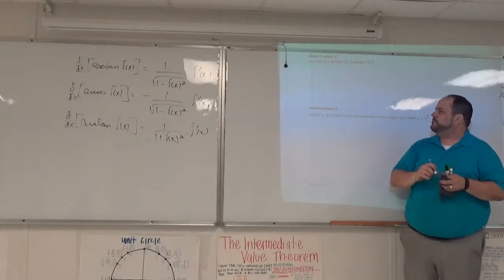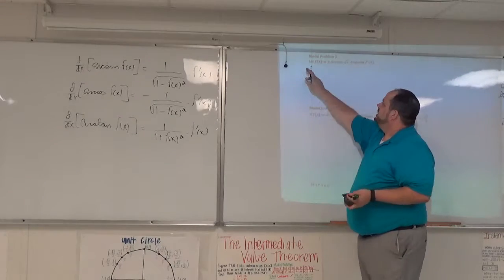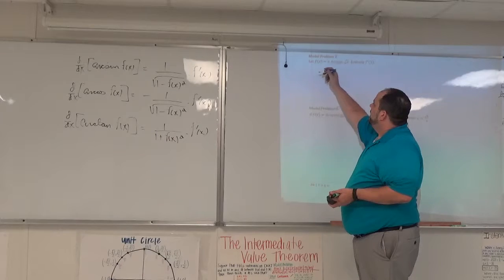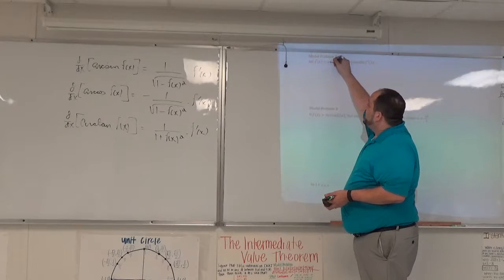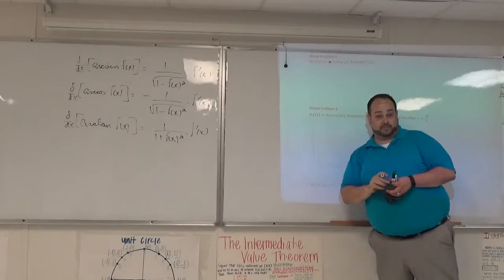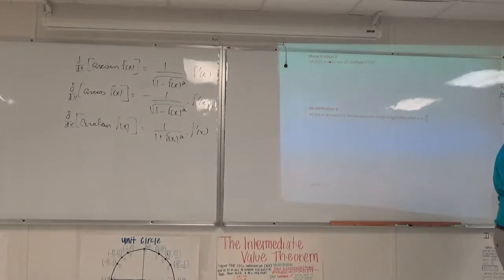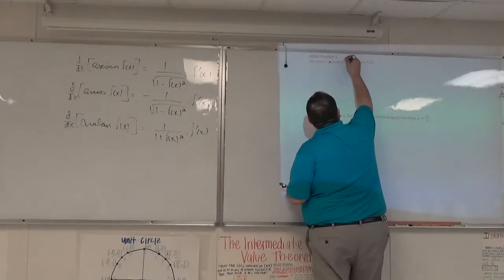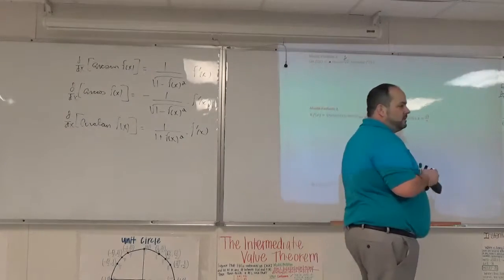One more time, Andrew, in a nice, loud, proud voice. Let f of x equal x times arctan. X times, so product rule. And then arctan of square root of x. Oh God, chain rule.